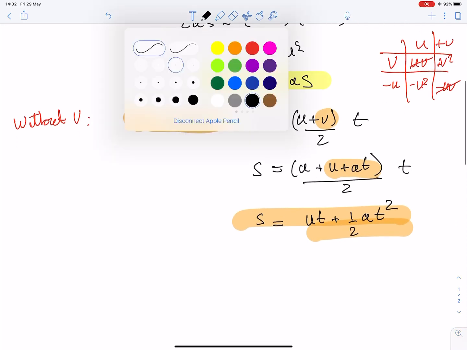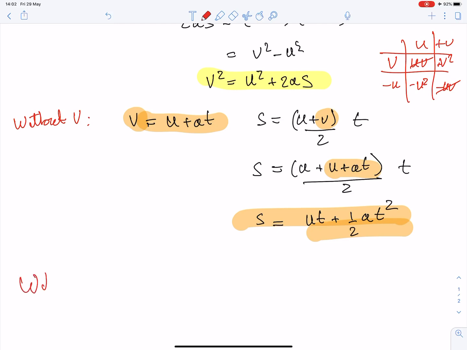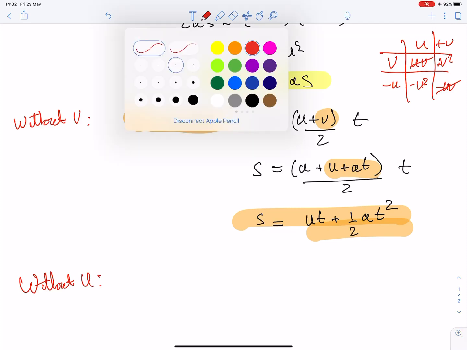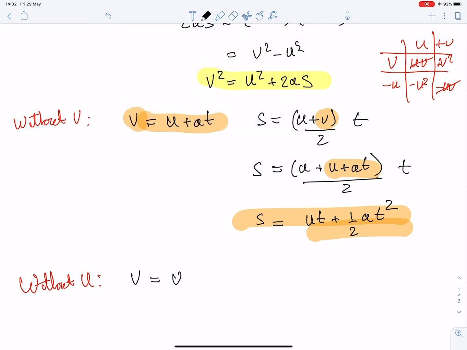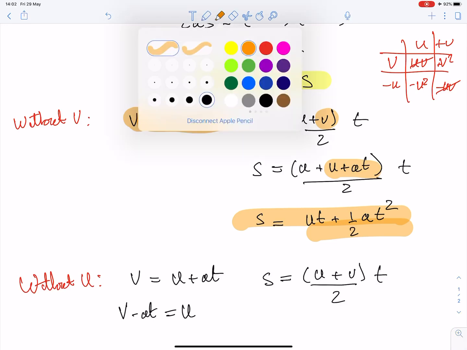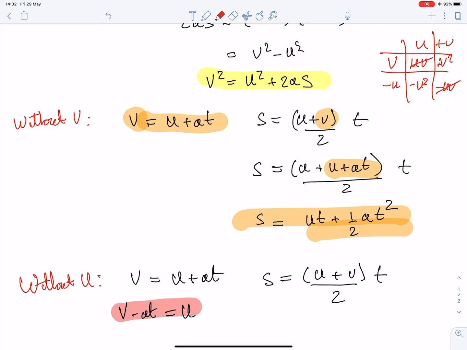And lastly, we need the equation without u. So again, we've got v equals u plus at, but if we want to get rid of the u, we need to make u the subject. So we've got v minus at is equal to u, and then into the same equation, s equals u plus v over 2 times t, we substitute the v minus at for the u.